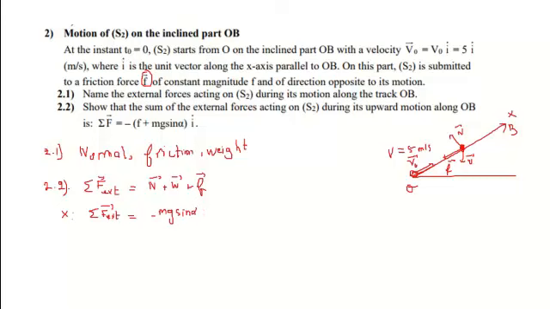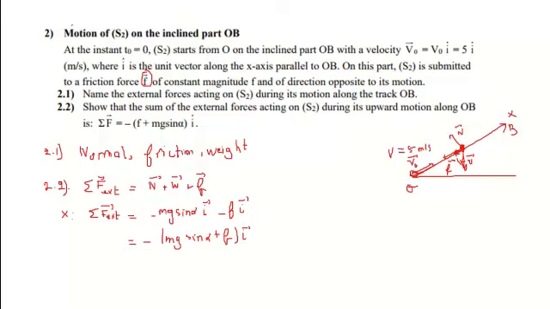If I want to leave it in terms of the i vector, this is the weight; if I draw the projection, it's opposite to the x-axis. And friction is minus F i. And this is how I can verify that it equals minus mg sine alpha plus F times i.